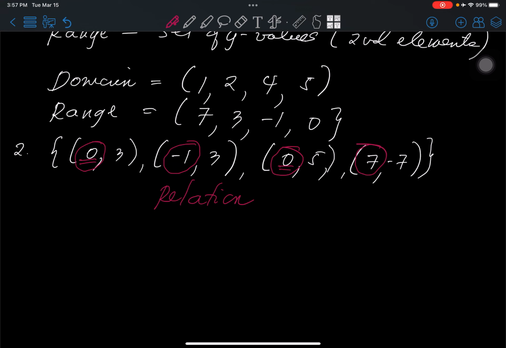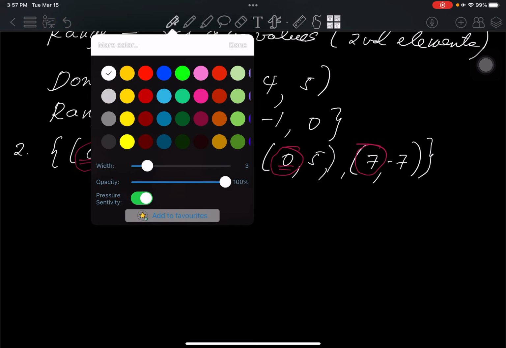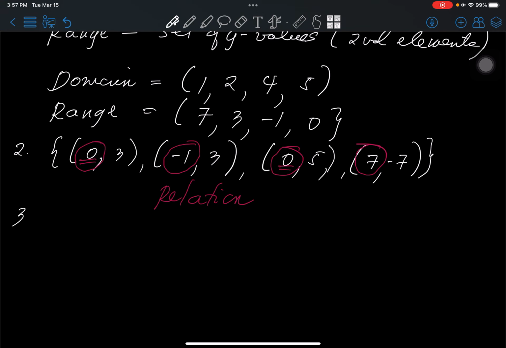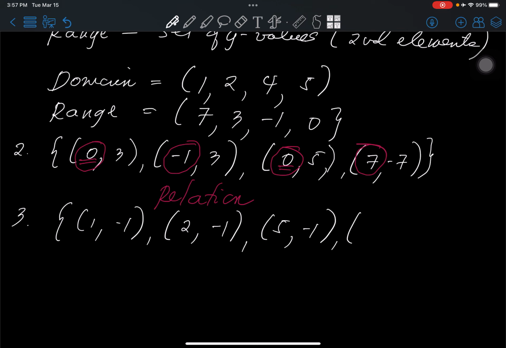There should only be unique values for your first element, or your x values. Another. Let's say we have 1, negative 1, 2, negative 1, 5, negative 1, and negative 4, negative 1. How about our third example? Is this a function or a relation? Again, you just have to concentrate on looking at your first elements, your values of x.